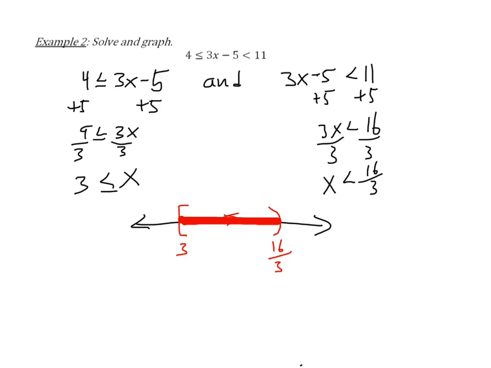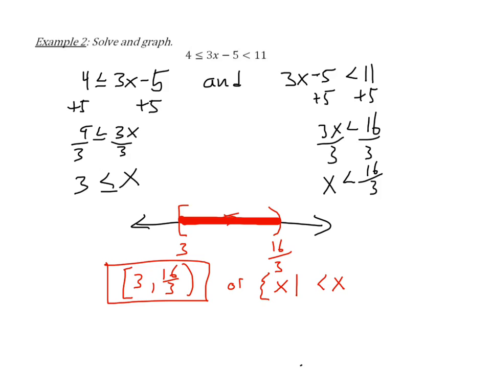As an interval, we have 3 and 16/3. That's a good solution. Or, as an inequality, we can say the set of all x's such that x is greater than or equal to 3 and less than 16/3. All right. So once you split it up, it becomes the same as the previous problem.